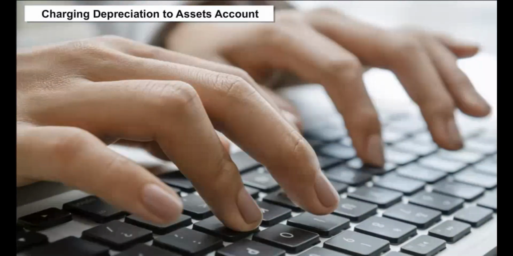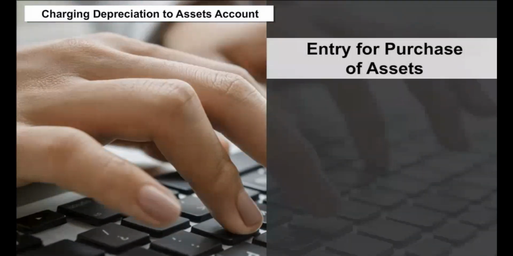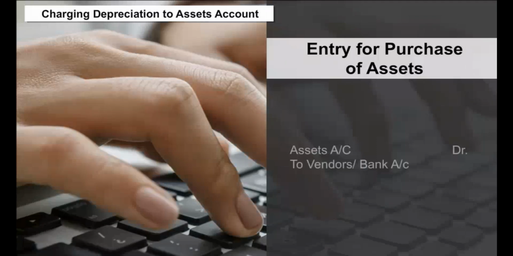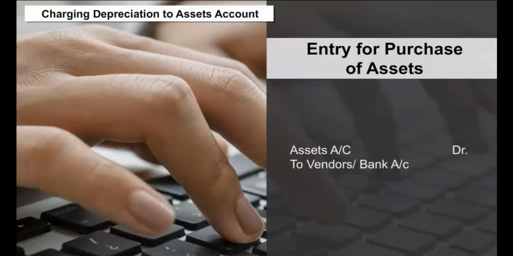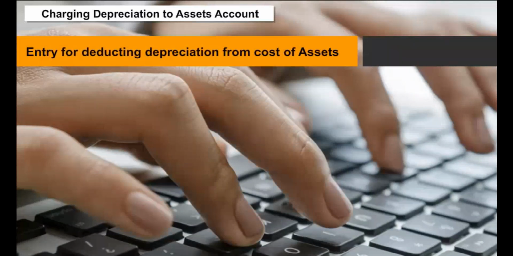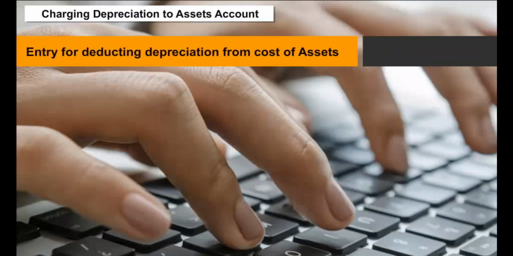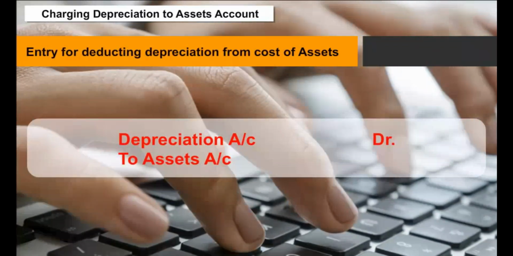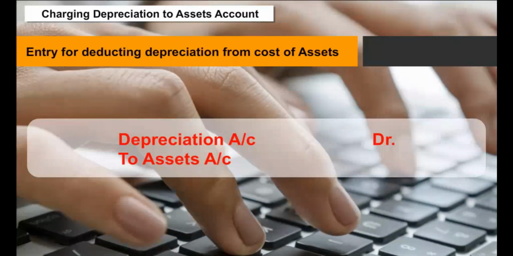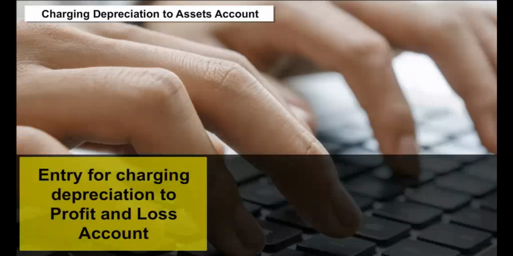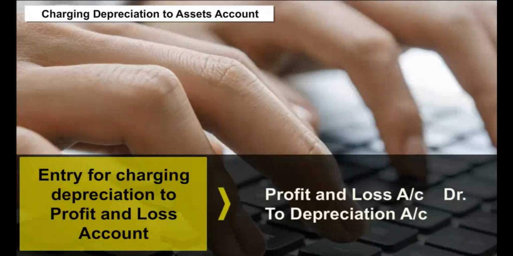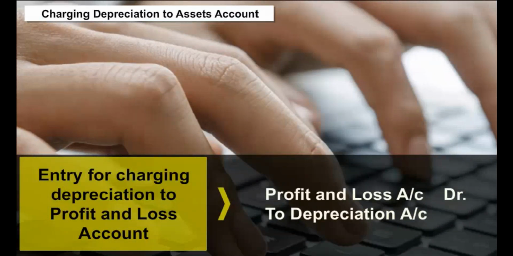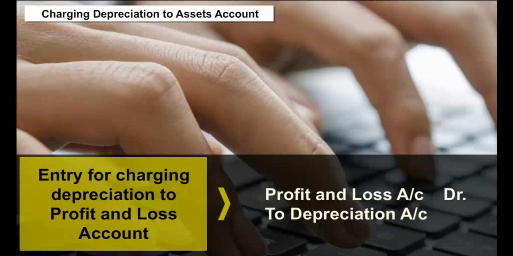The entries in the journal would be entry for purchase of assets, assets account, debit, to vendors or bank account. Entry for deducting depreciation from cost of assets, depreciation account, debit, to assets account. Entry for charging depreciation to profit and loss account, profit and loss account, debit, to depreciation account.